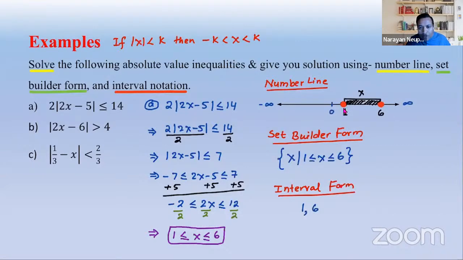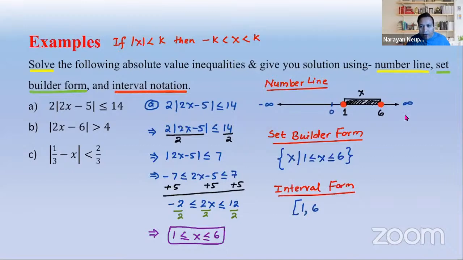See, we have a dot there. If there is a dot, the meaning of that is x is included. If it is included, we put a bracket. If it was not included, we put a parenthesis. Because this is included, we put a bracket. Now on the other side, 6 is also included because there is an equal to sign here.